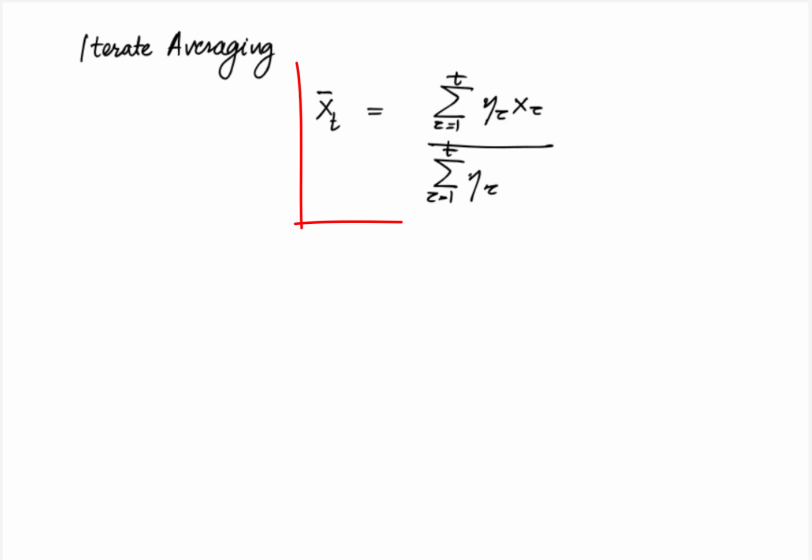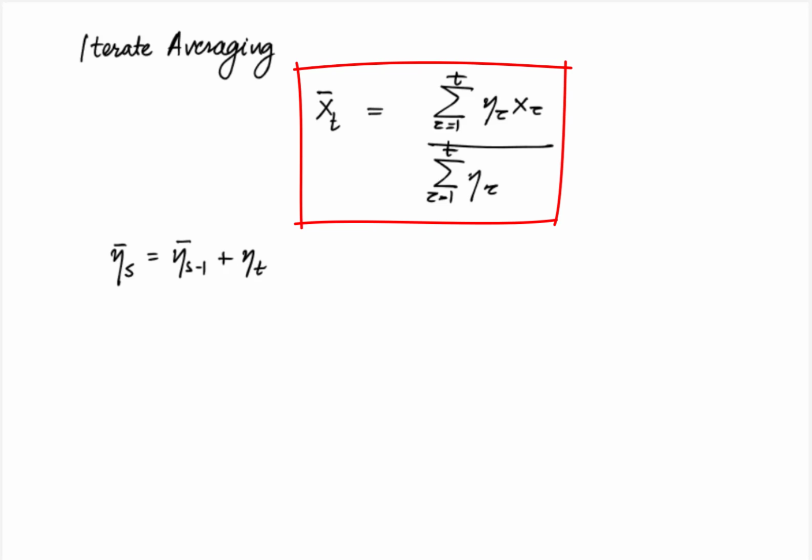So in practice, we can do this cheaply by maintaining the sum of eta t as eta bar of s equal to eta bar of s minus 1 plus eta t, and then maintaining xt bar as xt bar equal to xt minus 1 bar times 1 minus eta t by eta bar of s, plus eta t by eta bar of s into xt.